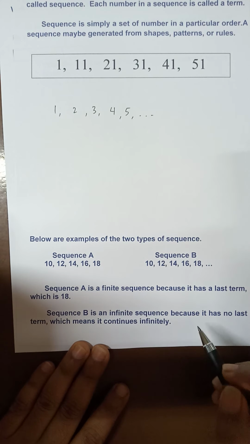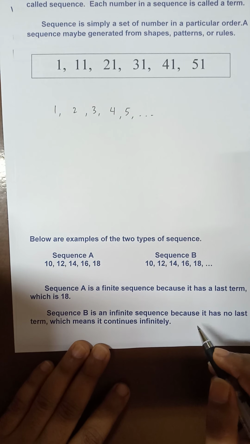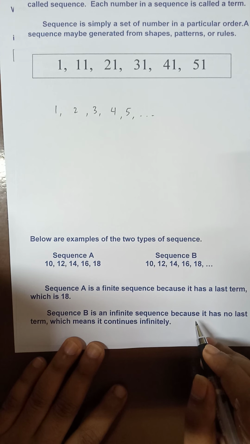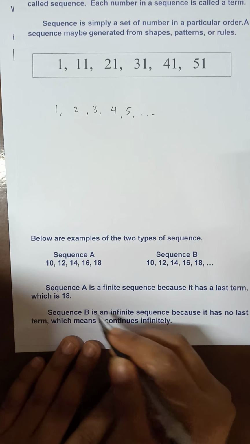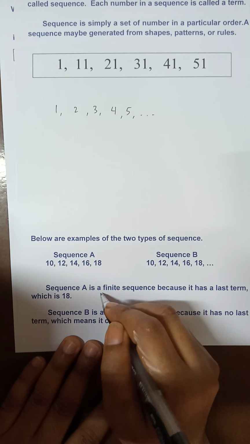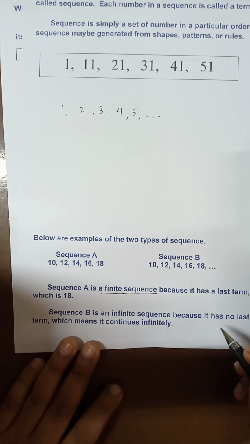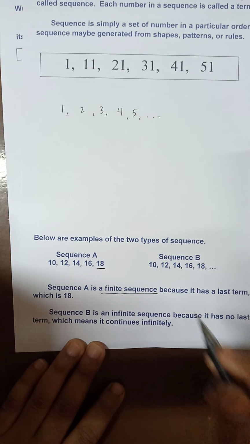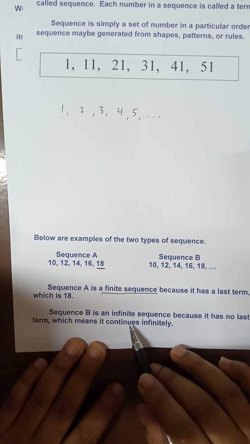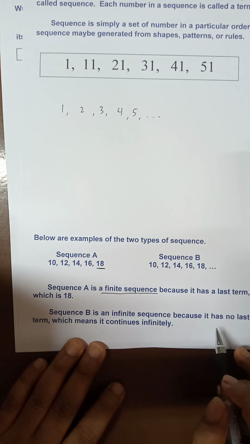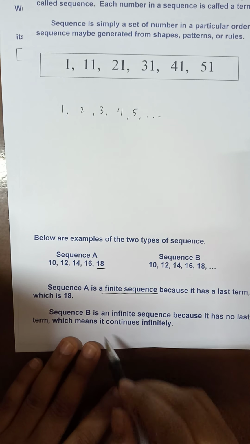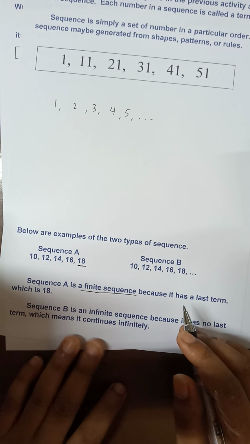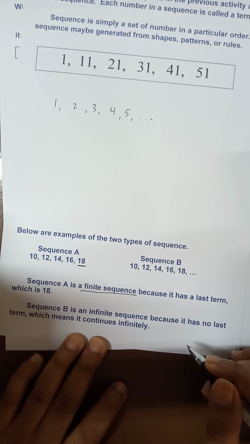So sequence A is a finite sequence because it has a last term, which is 18. Again, sequence A is a finite sequence because it has a last term. While sequence B is an infinite sequence because it has no last term, which means it continues infinitely.